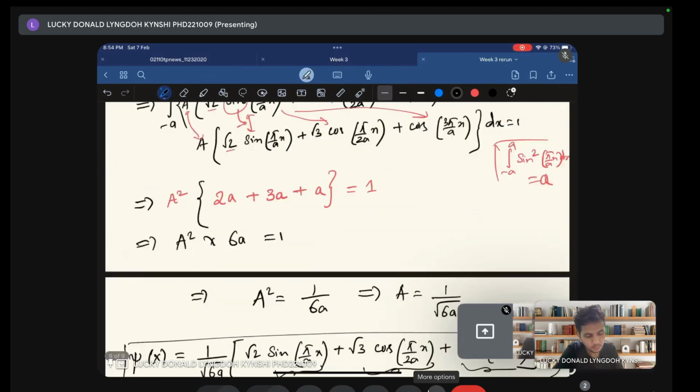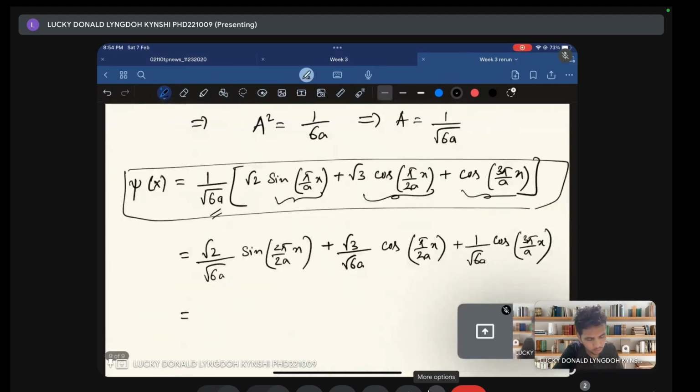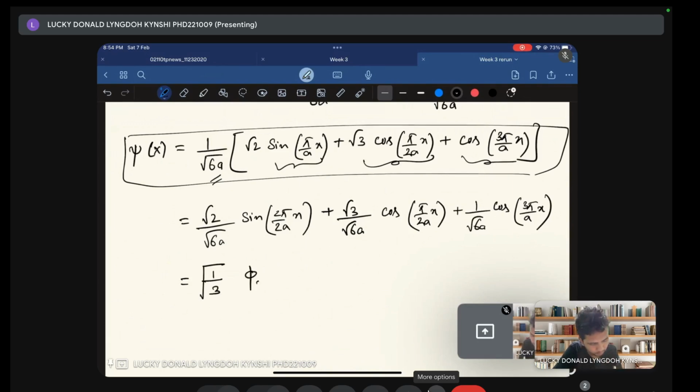Okay, now what you can do is make it in the form of an equation, right? Root 2 by a as given here, root 2 by a sine of n pi by a x. That means sine of pi by a x, which is equal to 1. So how do you make this one equation? This will be equal simply to phi 2 of x plus 1 by root over 2 phi 1 of x, right?